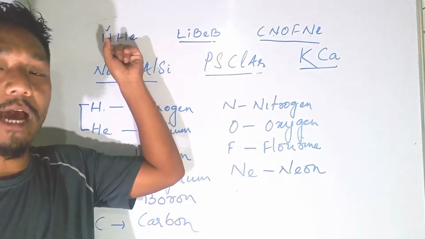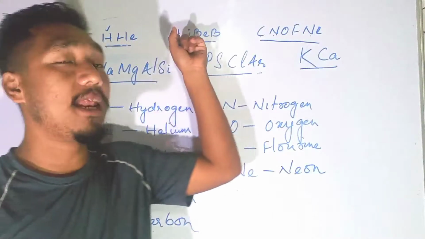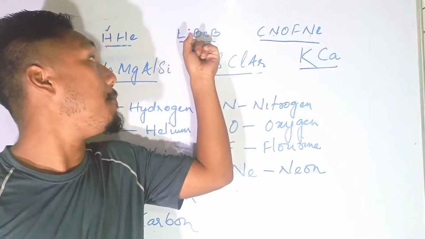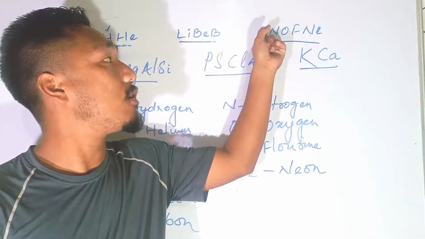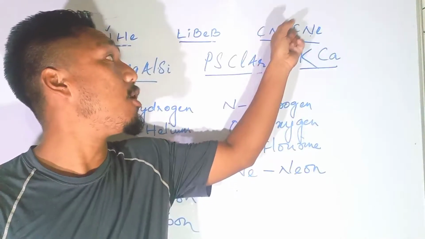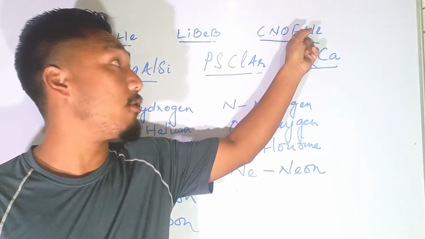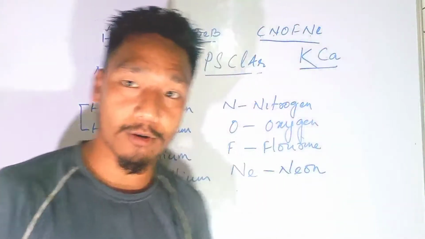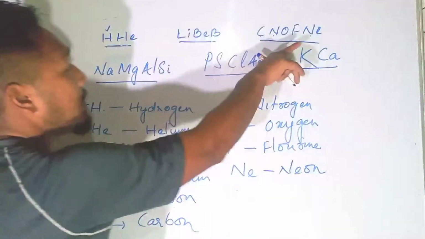H for hydrogen, He for helium, Li for lithium, Be for beryllium, B for boron, C for carbon, N for nitrogen, O for oxygen, F for fluorine, Ne for neon. So we have 10 elements in this sentence.